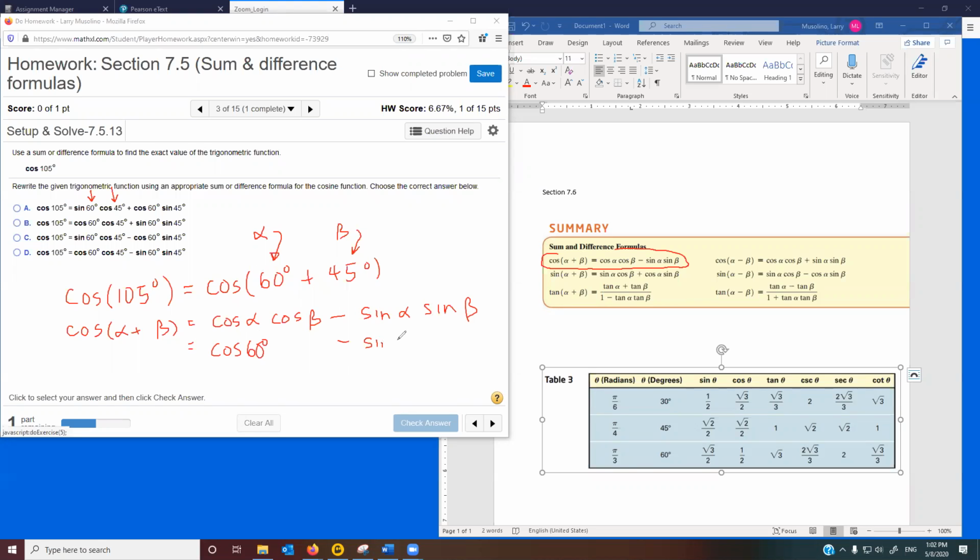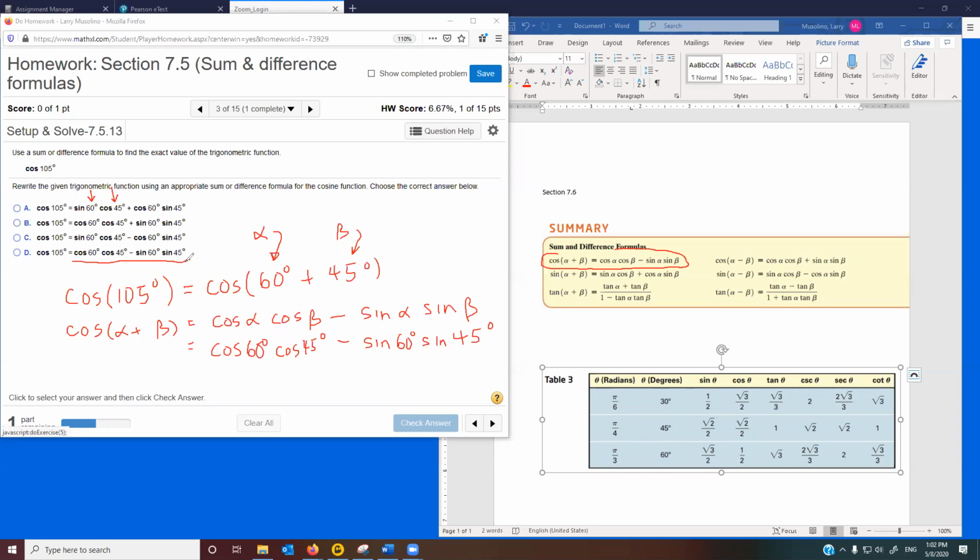This is going to be sine 60 over here. Beta is 45, so I'm going to write this as cosine 45, and over here in the back, sine 45. Now I'm just going to match it up to one of the four choices and see which one of these match up. And it looks like answer D is the match to our expression.